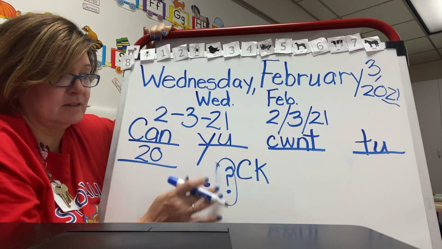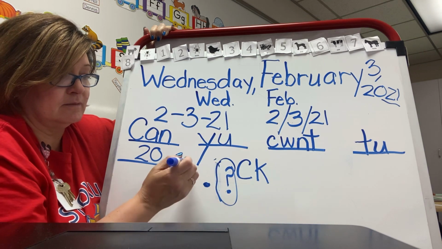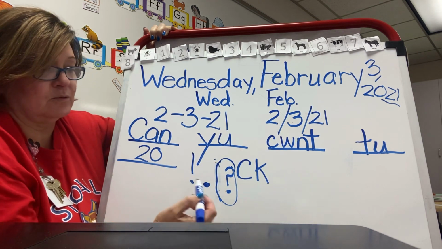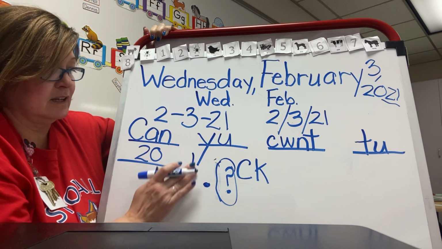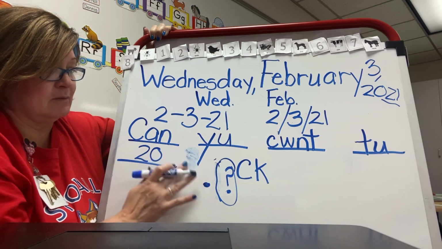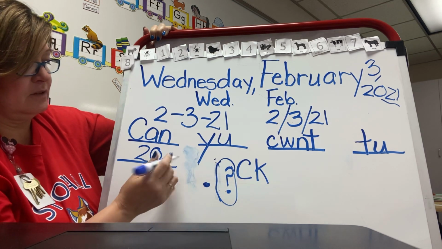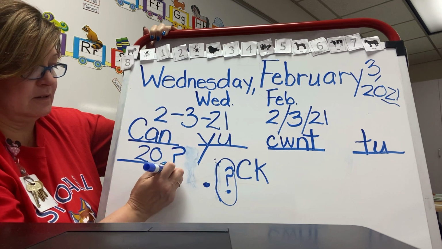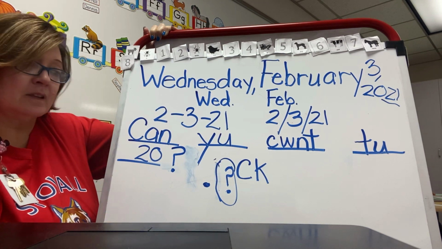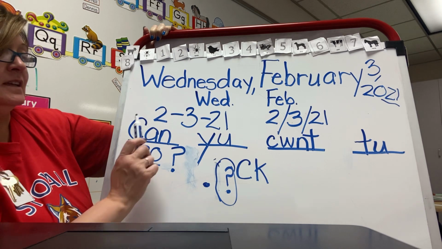So which one is it? The question mark. Okay, so I'm going to move this over so I don't confuse everybody. So can you count to 20? Then I'm going to make my question mark. There we go. So now let's read it.